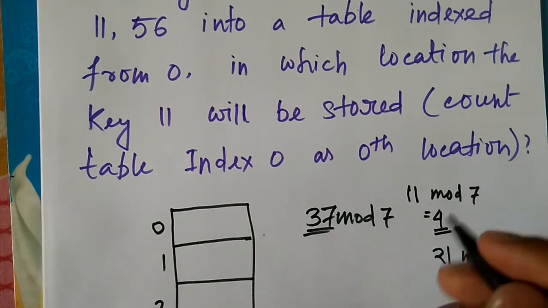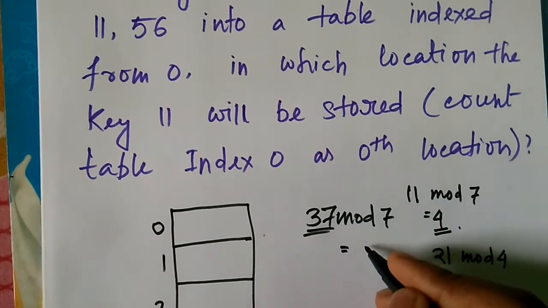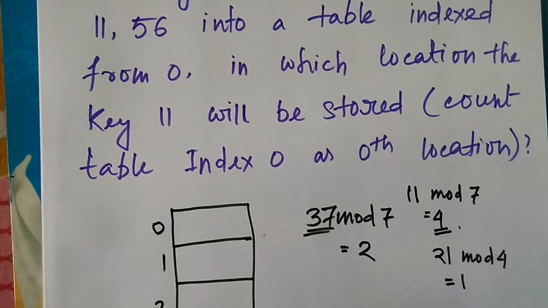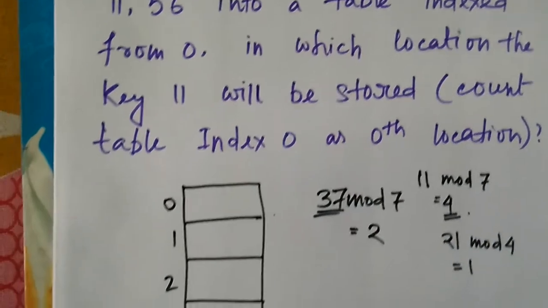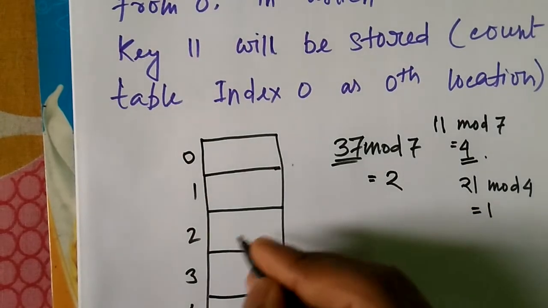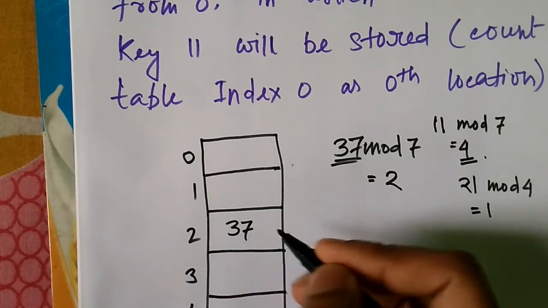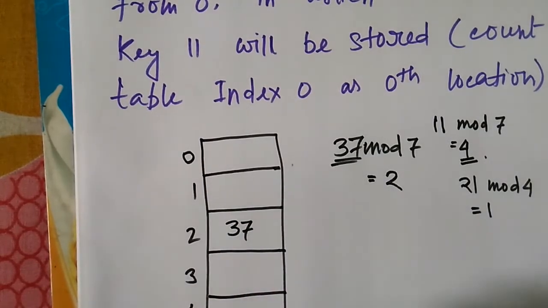If you divide 37 by 7, the remainder will be 2. So in the table, 37 will go in index 2. This is the rule of linear probing. What is next? Next is 38.